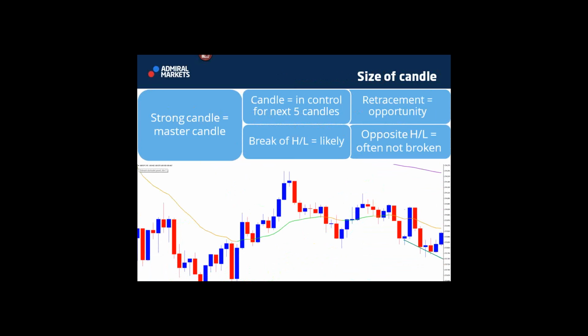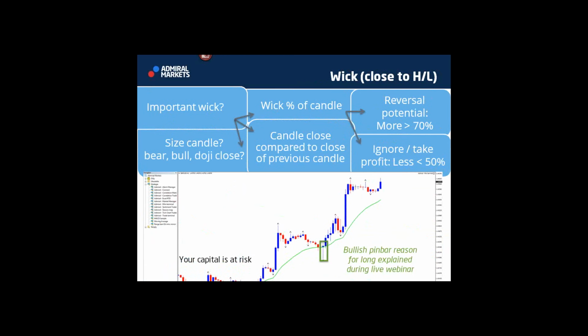A retracement could be seen as an opportunity, a retracement of that candle. And basically the opposite, if it's a bullish candle, the low is not often broken. And if it's a strong, big bearish candle, the high is not often broken. All right, so these are kind of consequences. And we'll dive into how this info can be used for trading later on.